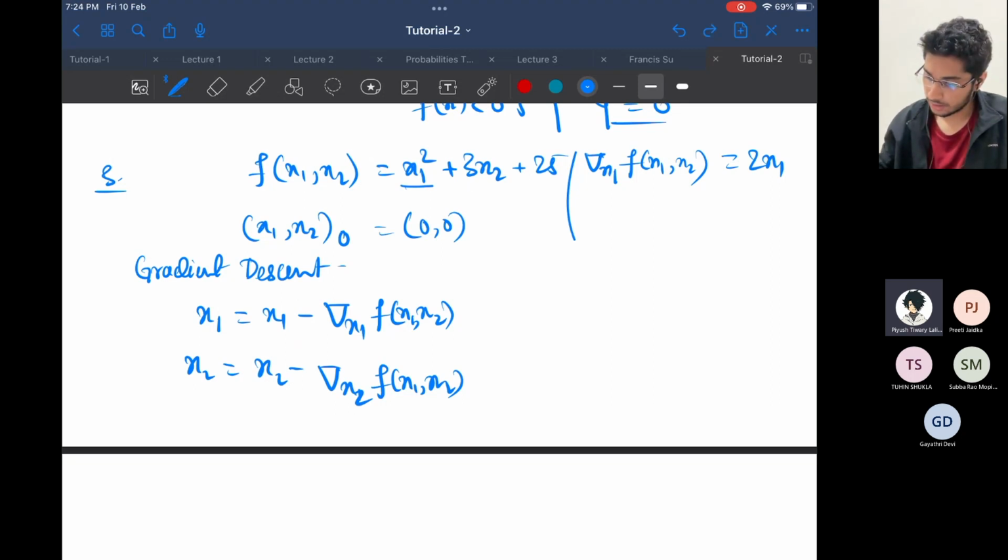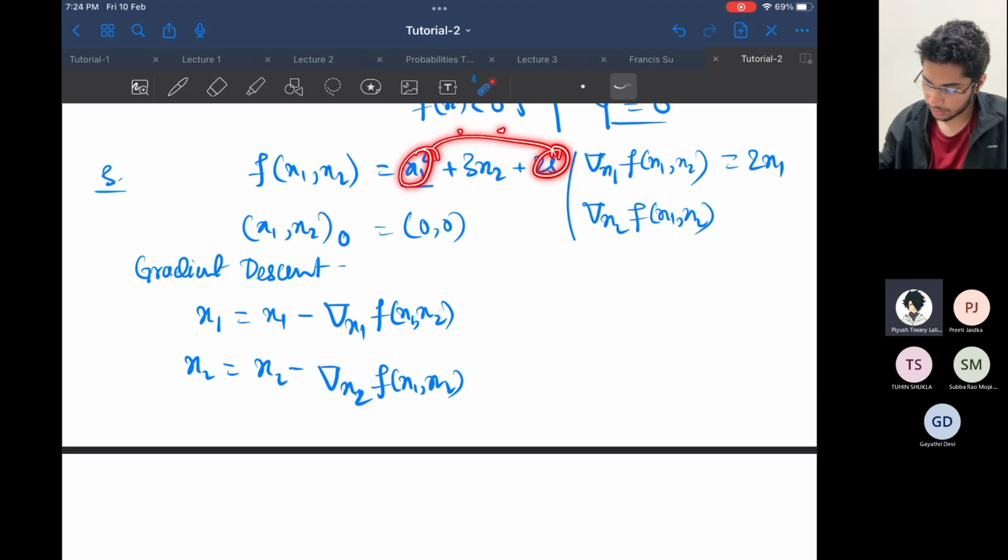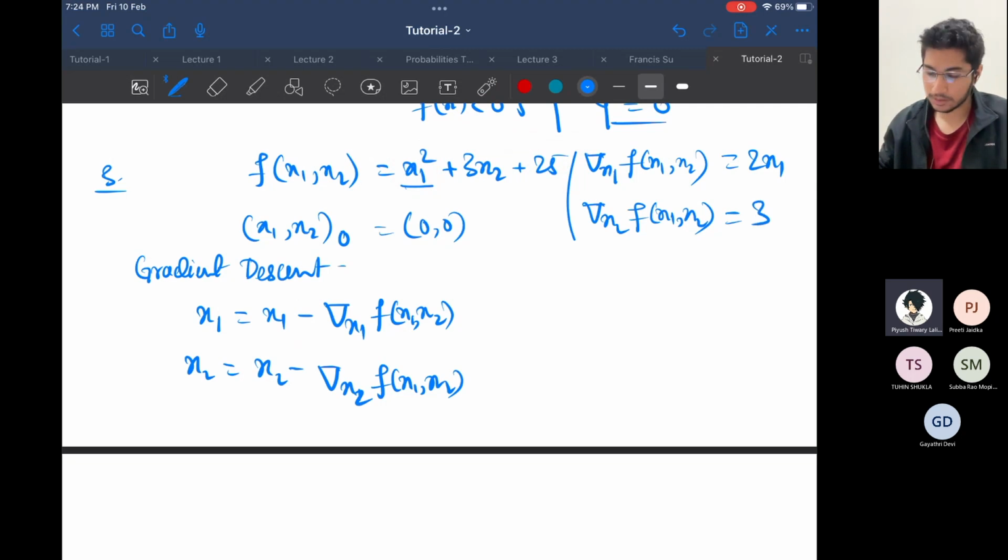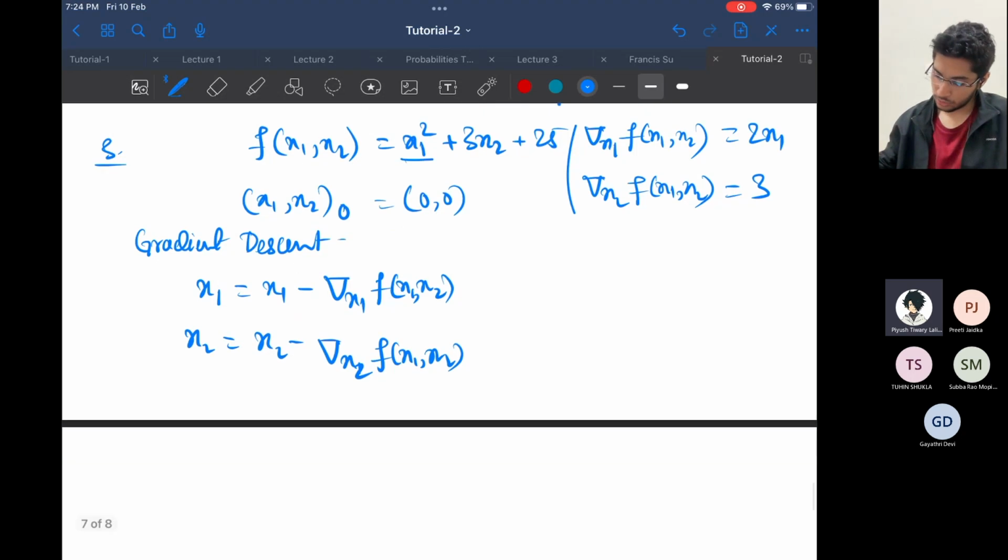Similarly, the gradient with respect to x2 of f of x1, x2: only this term is dependent on x2. The other two terms go to 0 because they are not dependent on x2. Hence this will become 3, since the differentiation of 3x2 with respect to x2 is 3. So this is fine.